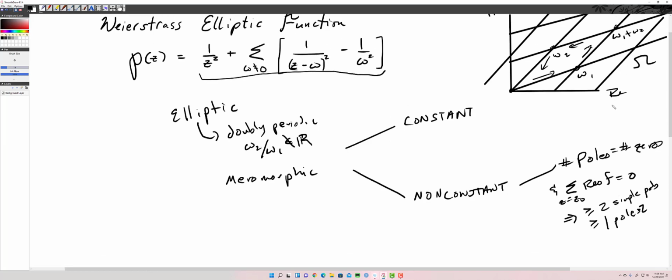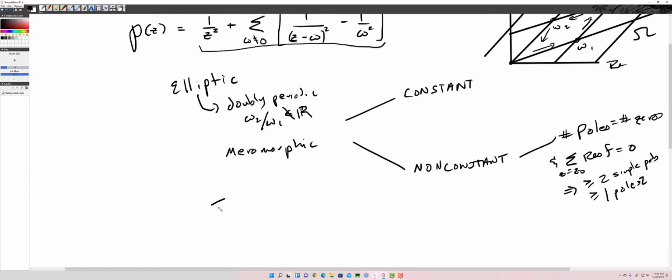And so the pole of order 2, the double pole, is the way that Weierstrass went. The two simple poles is the way that Jacobi went. And all we're doing here is we're trying to find the simplest elliptic function that we can think of.